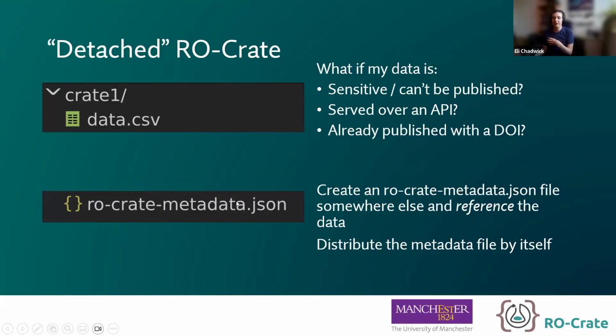You create this metadata JSON file somewhere else, and you reference the data using its persistent identifiers if it has a DOI, or describing where else in a system to find it. Like you can find it at this URL for an API endpoint. Or if the data can't be published at all, you can just say, this data exists, it lives somewhere, maybe it has particular access controls that you can describe, but the data itself is not directly accessible from within the crate. And then you distribute this metadata file somewhere else.